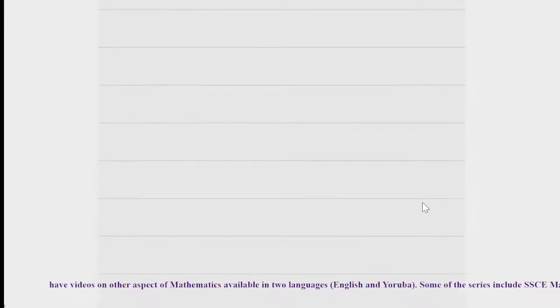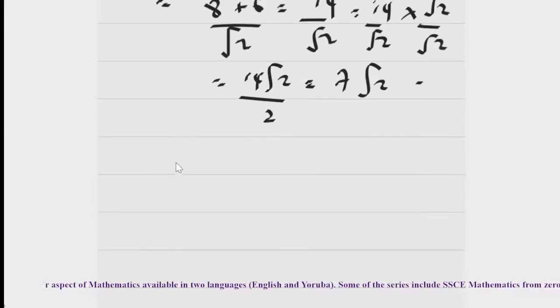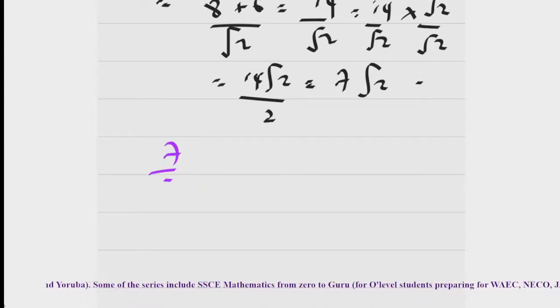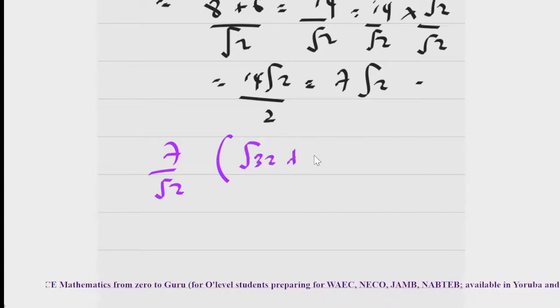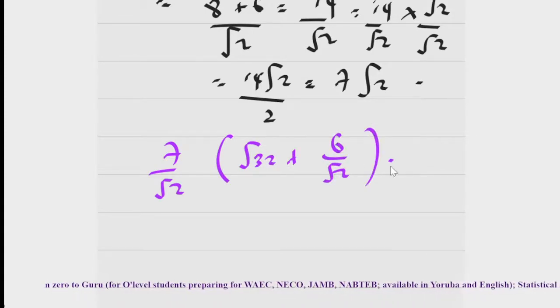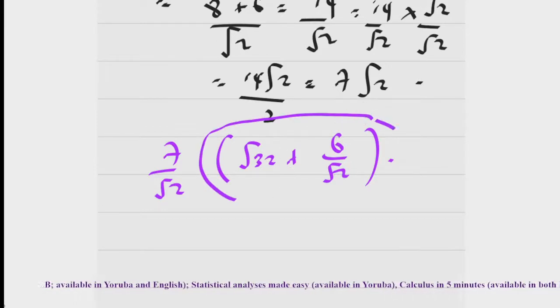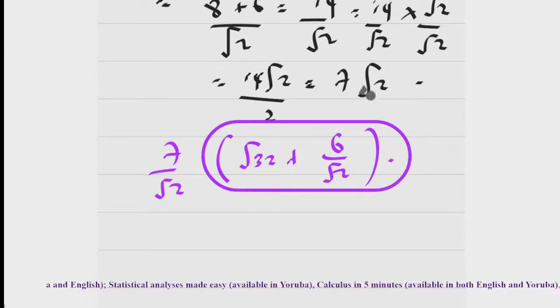And the question now says, hence, find the value of what? So immediately after doing that, find the value of 7 divided by root 2 multiplied by root 32 plus 6 divided by root 2. And we found the value of this guy. You understand now? We know that this guy gives 7 root 2.